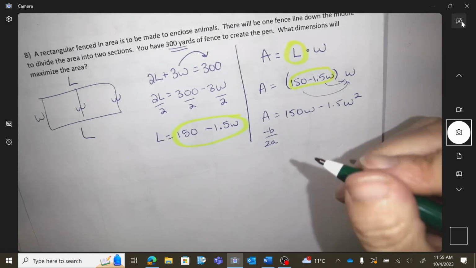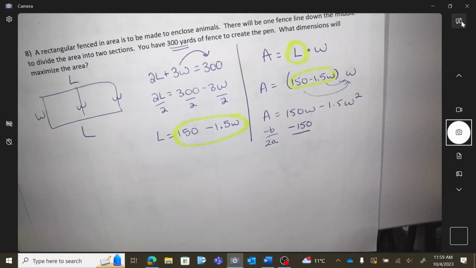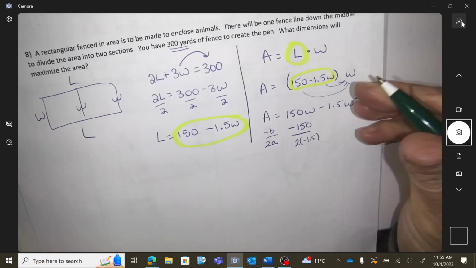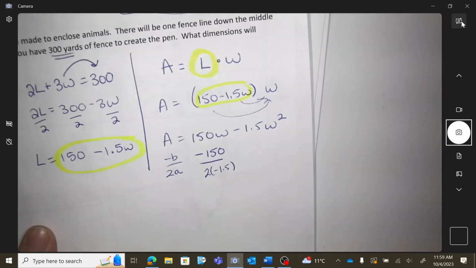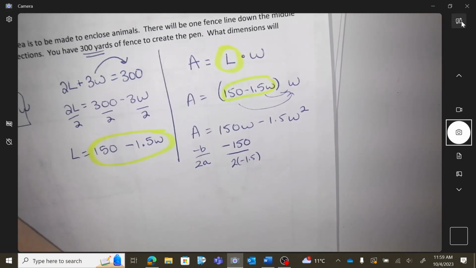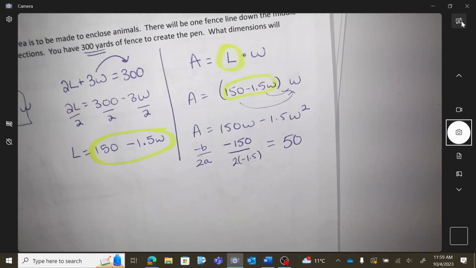So negative b would be a negative 150. So I got 50 out of that.